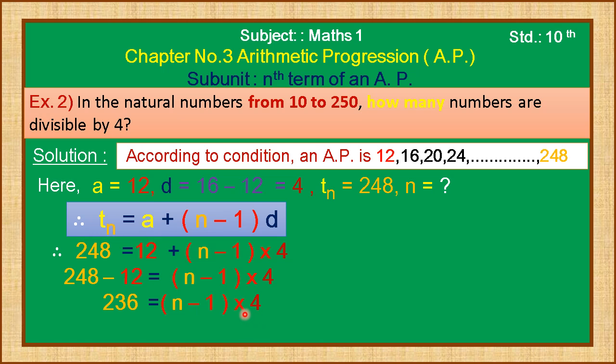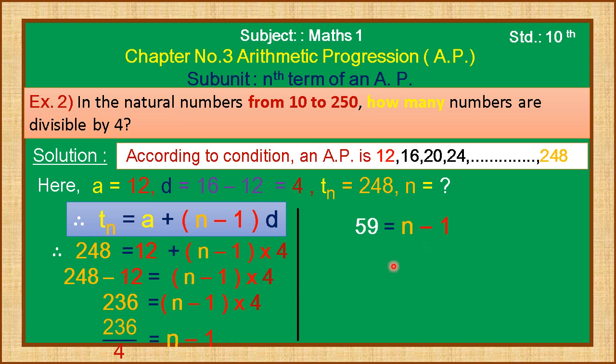Now divide by this 4 on the left hand side, the number 236, because on the right hand side 4 is multiplied with n minus 1. So 236 divided by 4 is equal to n minus 1. The division of 236 by 4 is 59, which is equal to n minus 1.